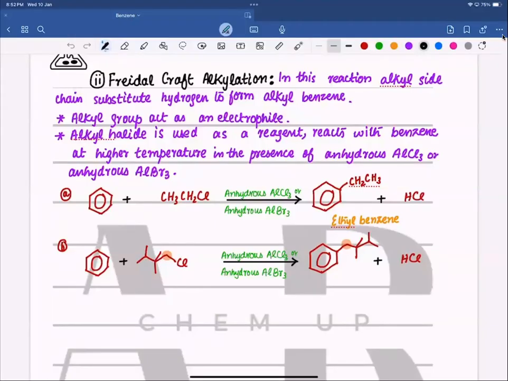Okay, so we did the Friedel-Crafts alkylation reaction at the end of the last class, where we have seen that by this reaction we are able to substitute the alkyl side chain to the benzene ring.